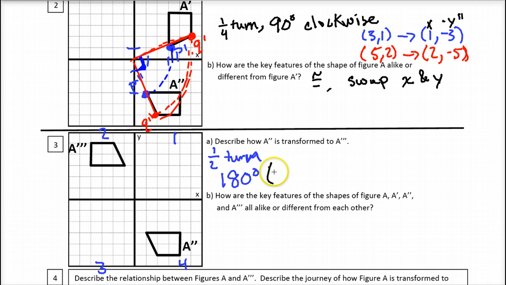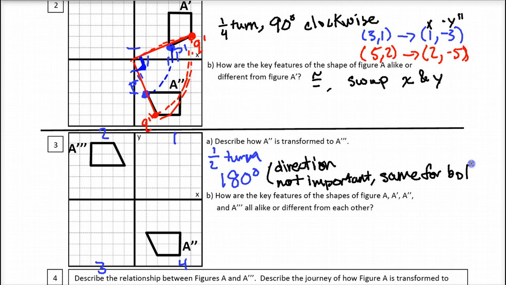It's not one way or the other. So direction is not important, because it's the same both ways.